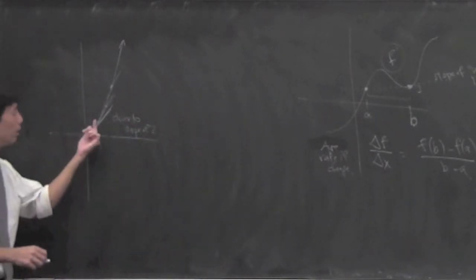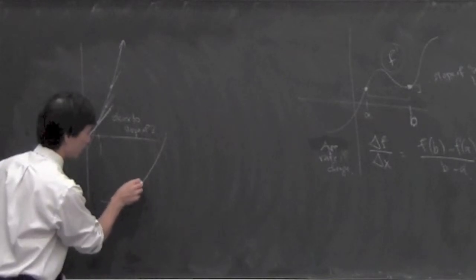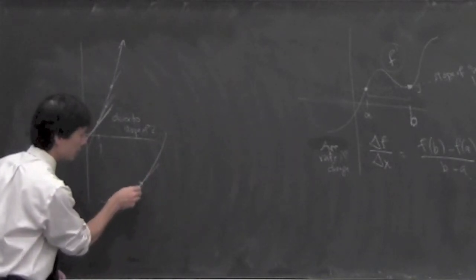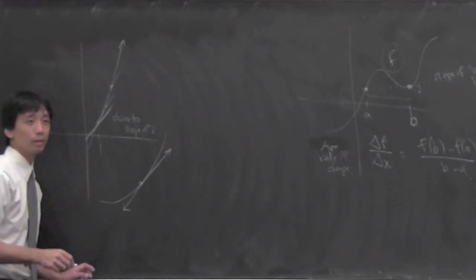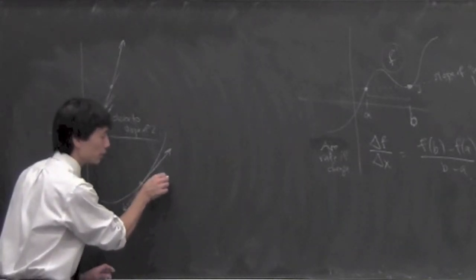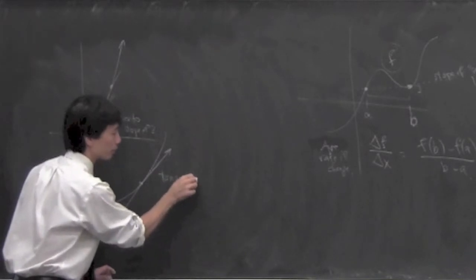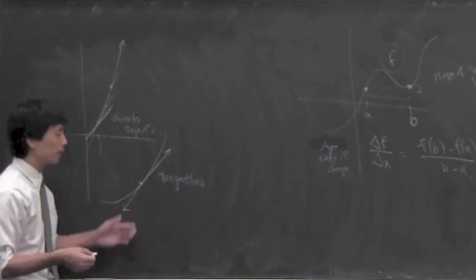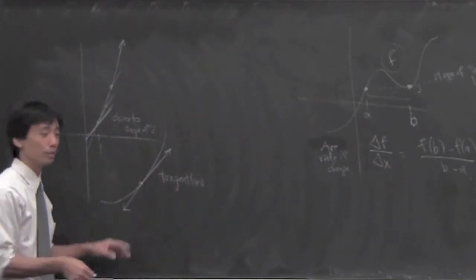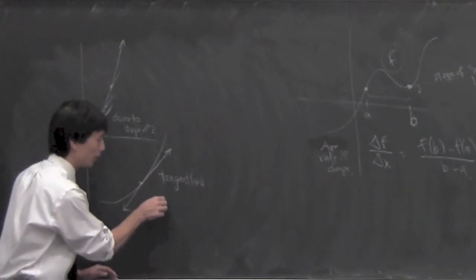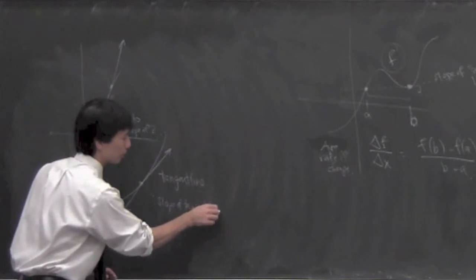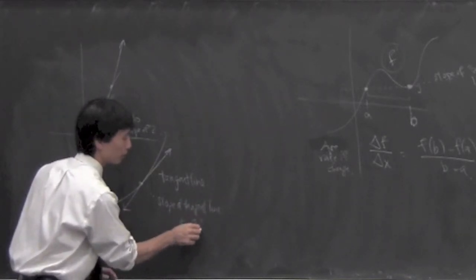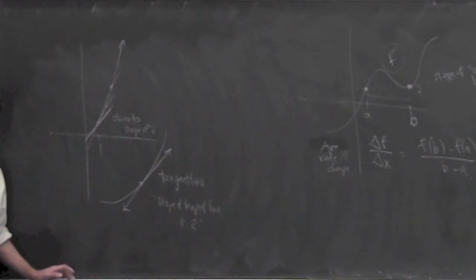This line that just touches the curve is called the tangent line. And what people usually say is that the slope of the tangent line is 2.